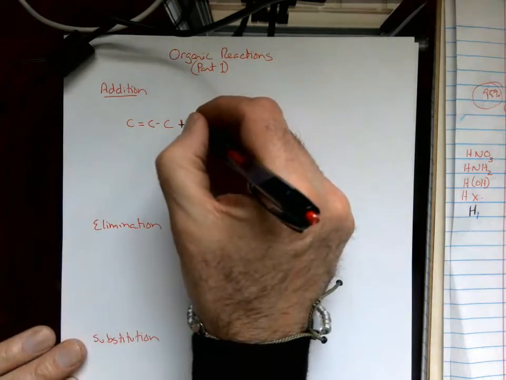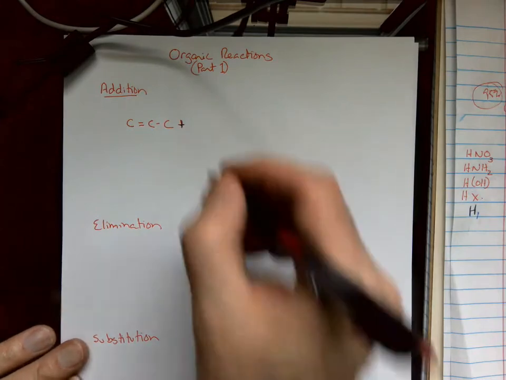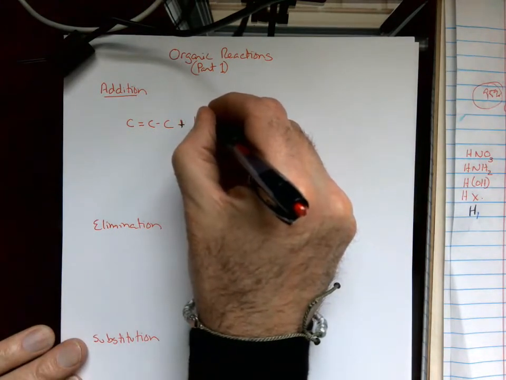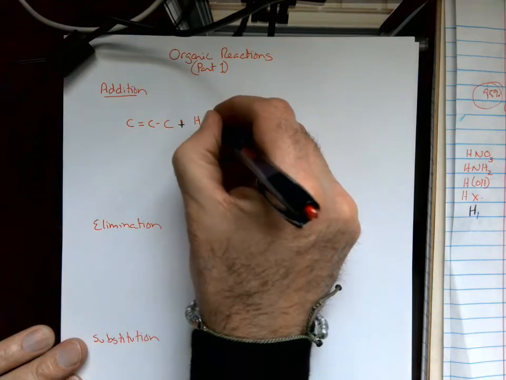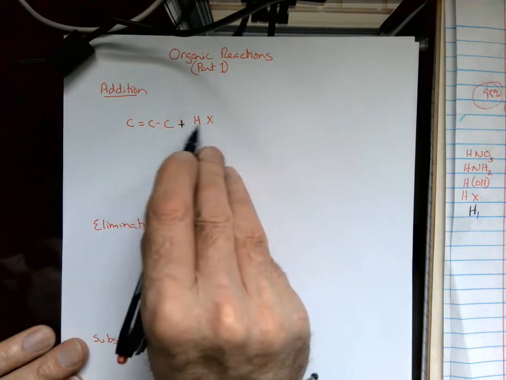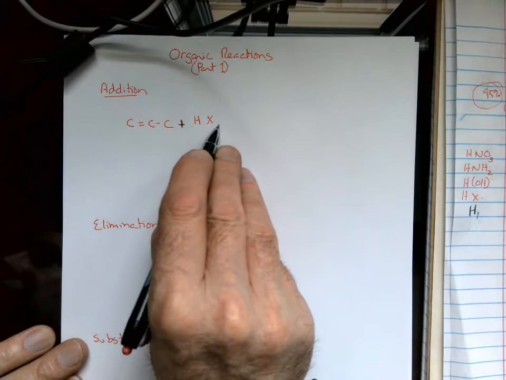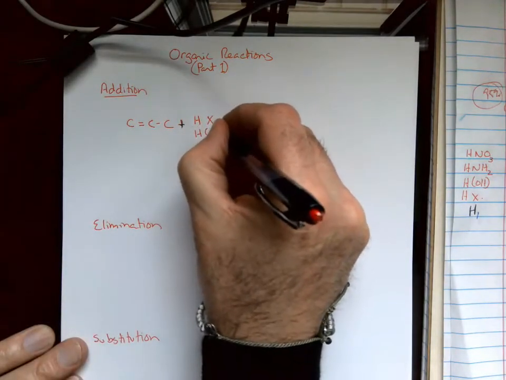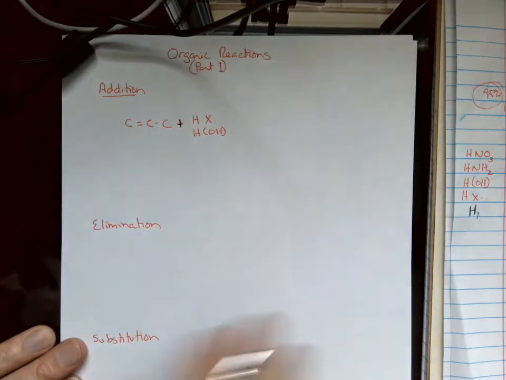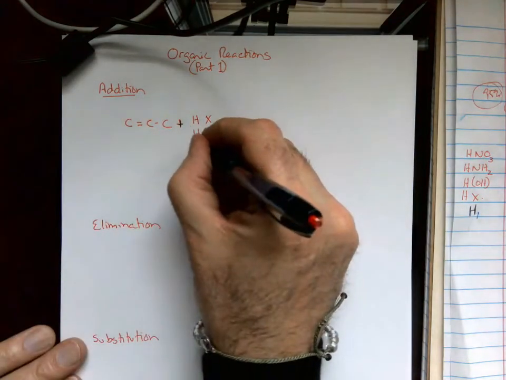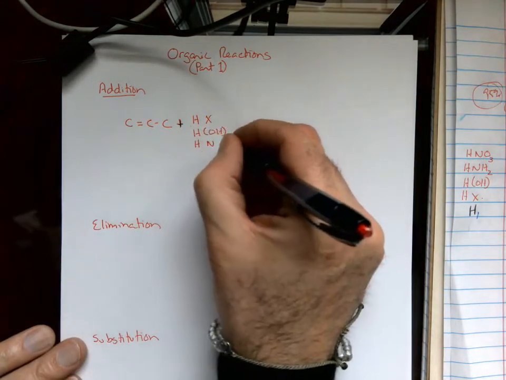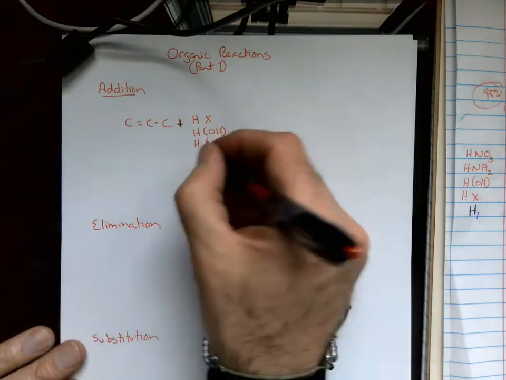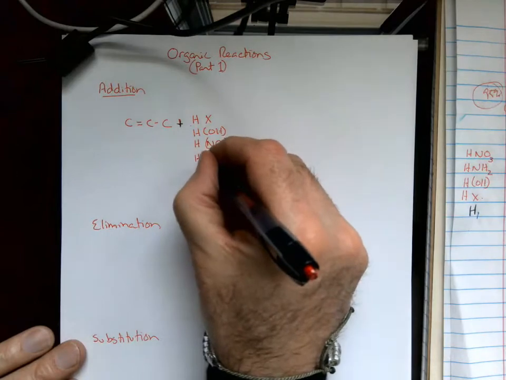What do we add to these carbon chains with the double bonds in them? We can add hydrogen plus any group 7 element, so we'll call those X. So for example, HCl, HBr, HI. We can add water, which we'll call HOH, and I'll show you why in a minute. HNO3, that's one we actually do in class, so we make something fun with that.